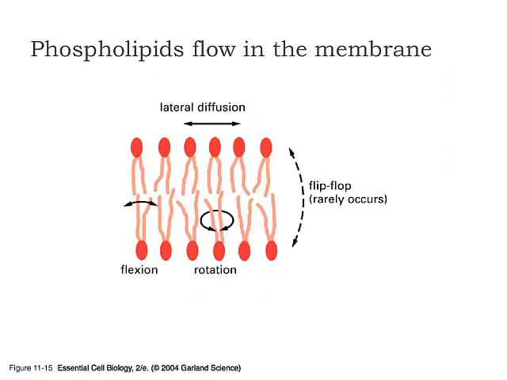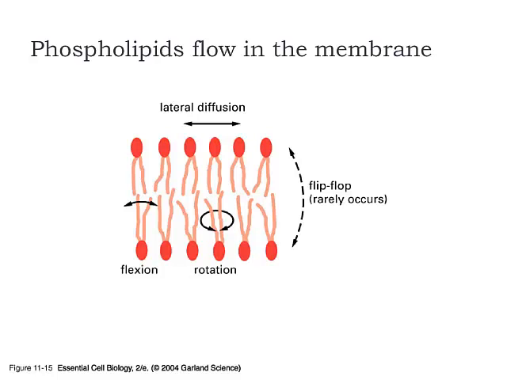So even though the orientation will always spontaneously be the heads exposed to the aqueous side and the tails flipped in towards each other, there is movement of the lipids within a membrane.